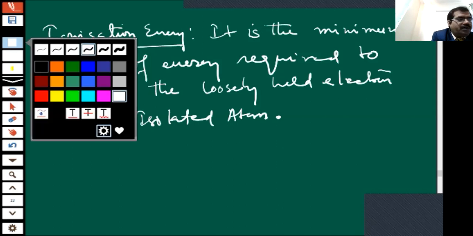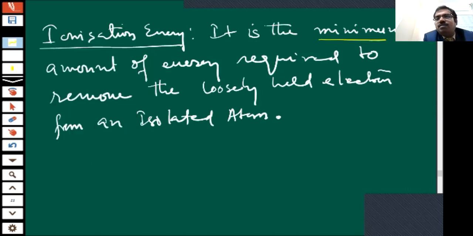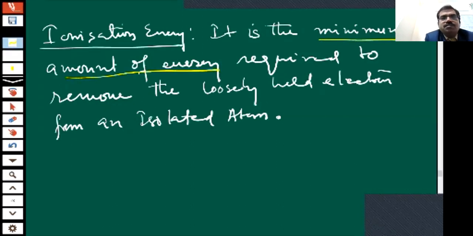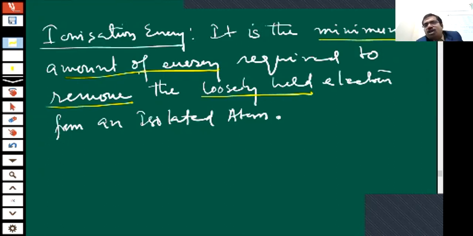So here so many things are there, children. Minimum energy, and removal, you have to remove it. What you will do after removal is a different issue. Loosely held means it should be the outermost electron, and from an isolated atom.